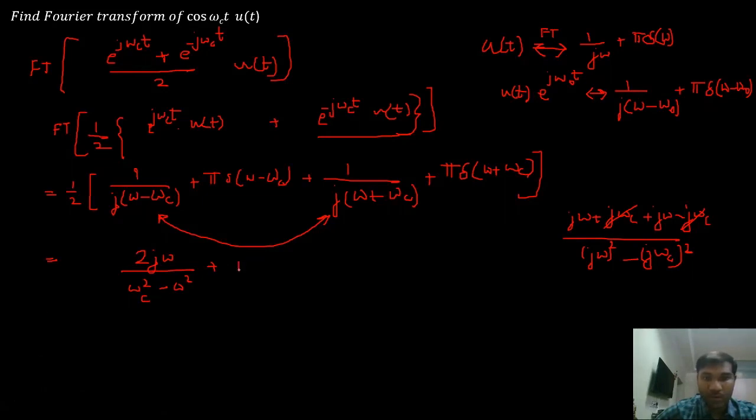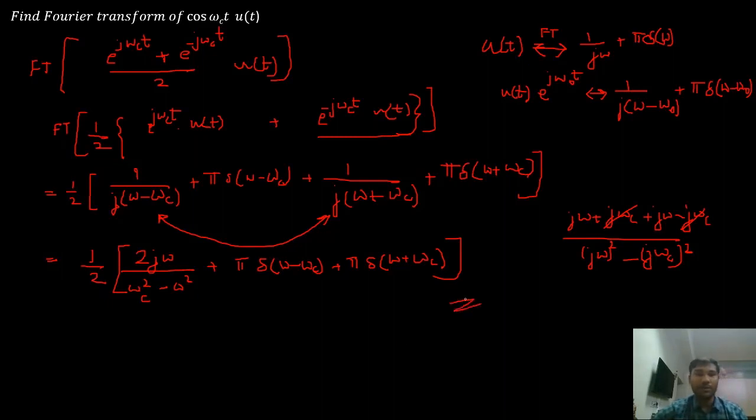That's going to be pi delta of omega minus omega c plus pi delta of omega plus omega c. The whole thing multiplied by 1 by 2. So this is my final answer.